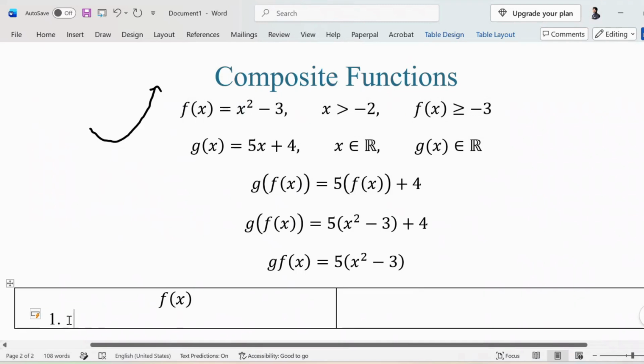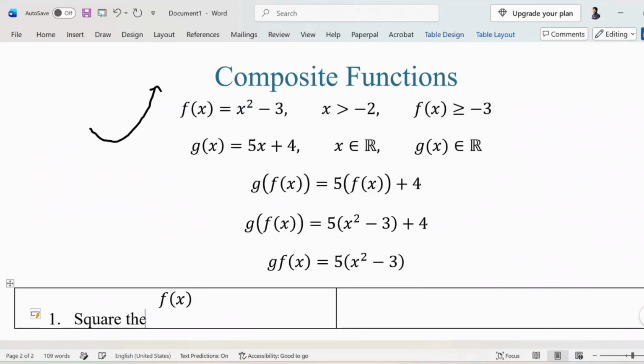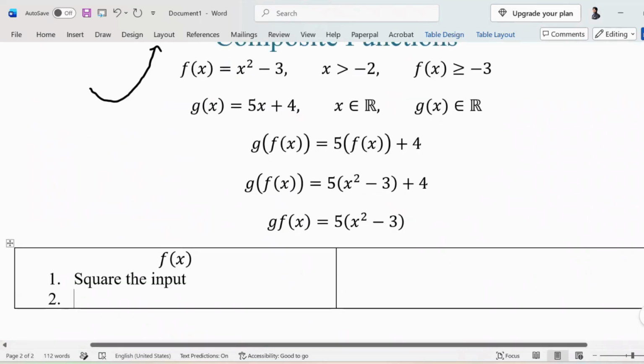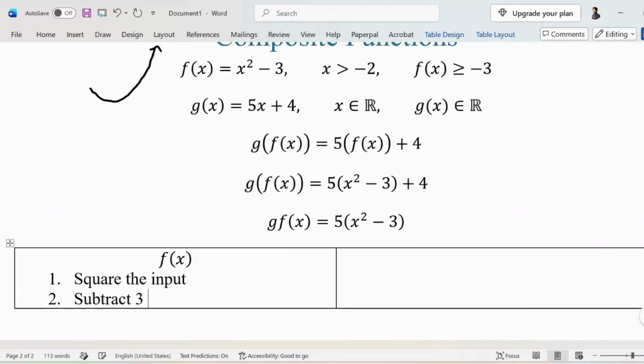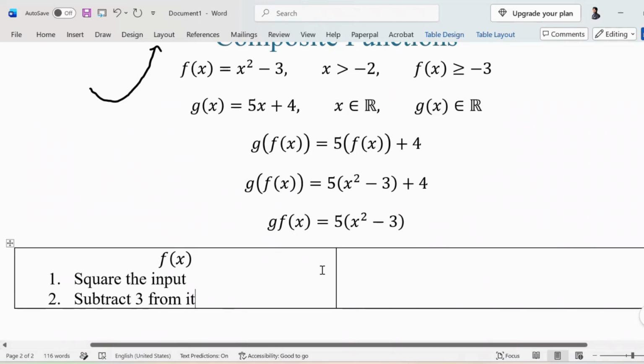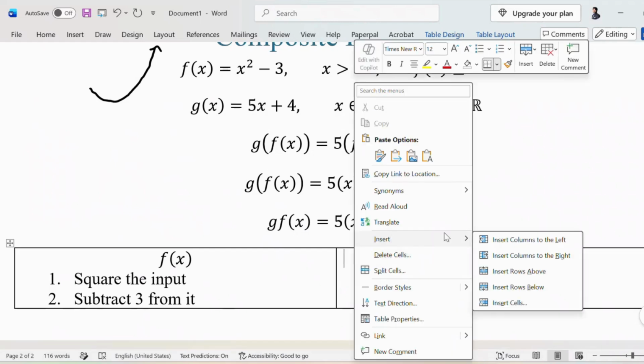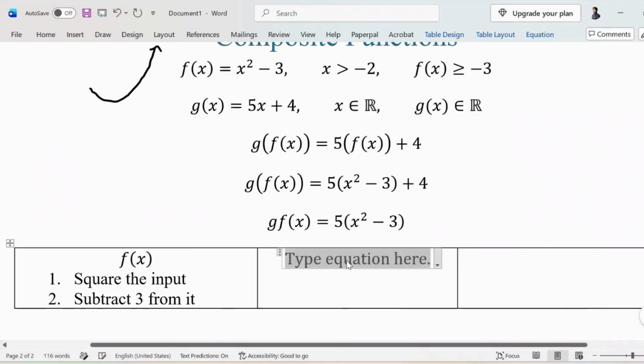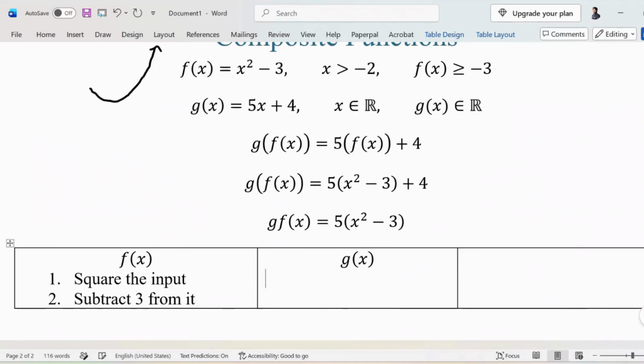The first thing we were doing was square the input, then subtract 3 from it. What about g? Multiply by 5, well done, and then add 4 to it.